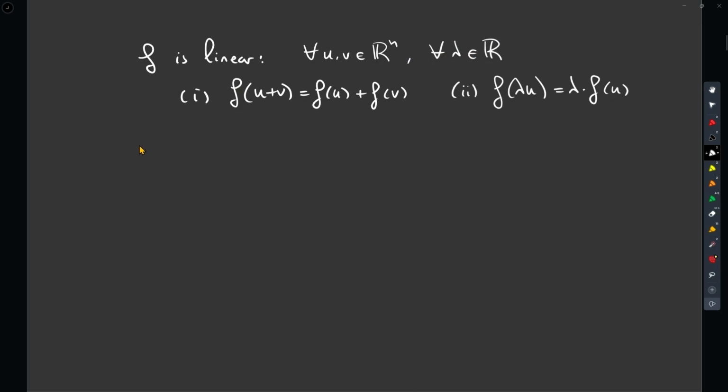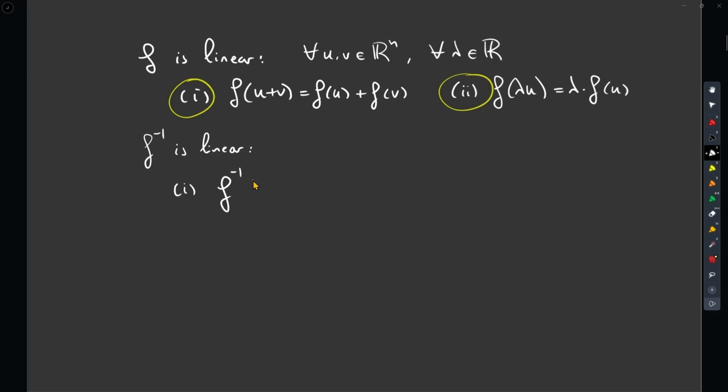So let's see that f minus 1, so f inverse, is linear by proving the same two identities. So we have to check 1 and 2, but for f inverse. So let's see what this means.